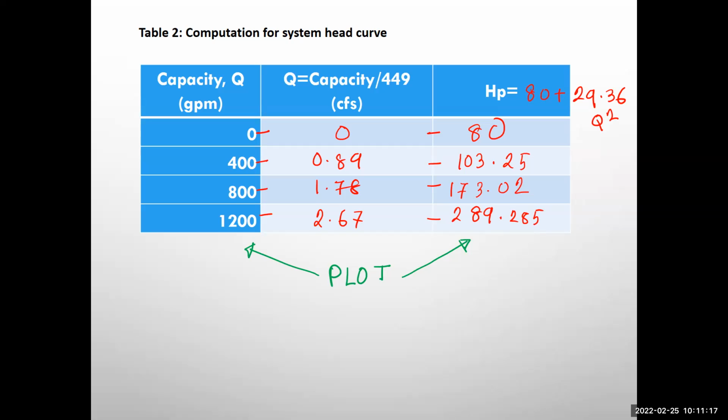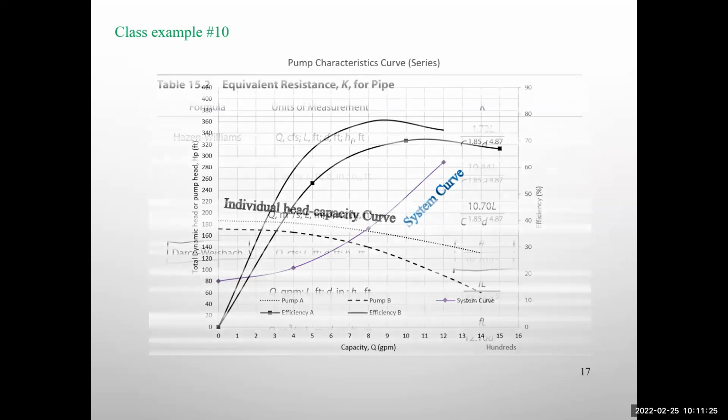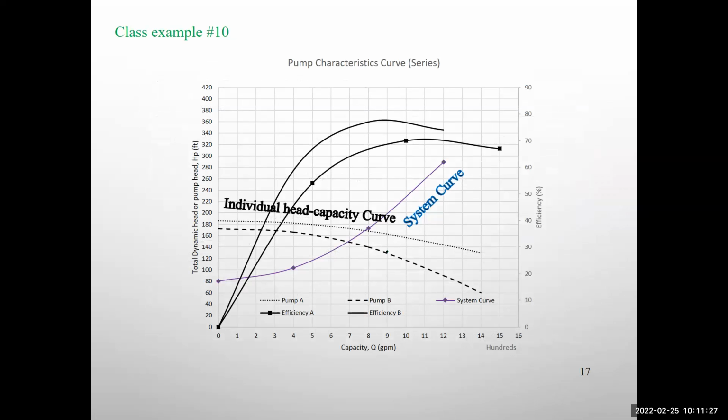And if you plot that, the system curve should look like this, the purple one. Plot the Q in GPM and HP in feet. Everyone, please plot that. And if you plot that properly, the graph should look like the purple line.